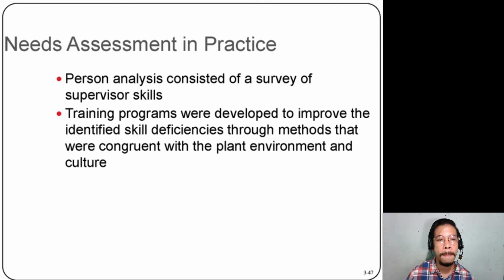right? Yeah, so we have here the surveys. Training programs were developed to improve the identified skill deficiencies, their methods, and are congruent with the planned and environmental culture. So after identifying the specific needs of the organization, that needs assessment will be the guide in drafting the training program, which will be discussed in the next lecture series.